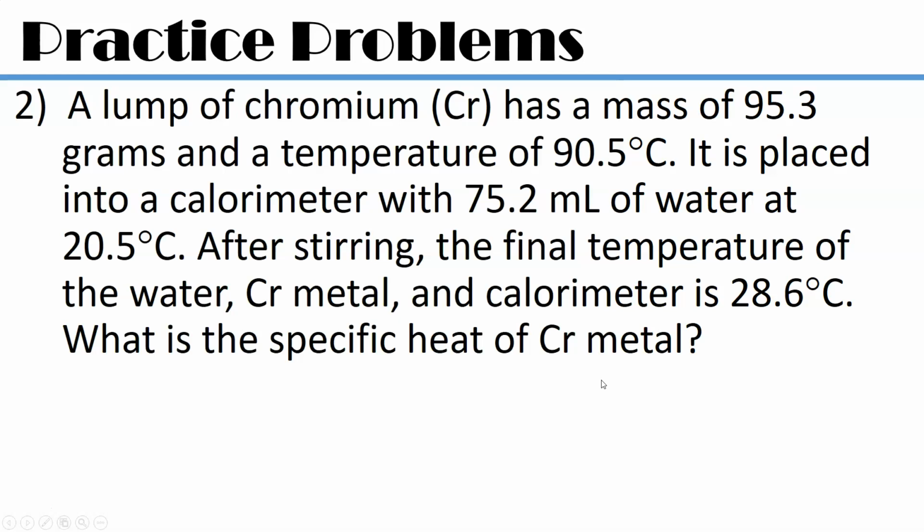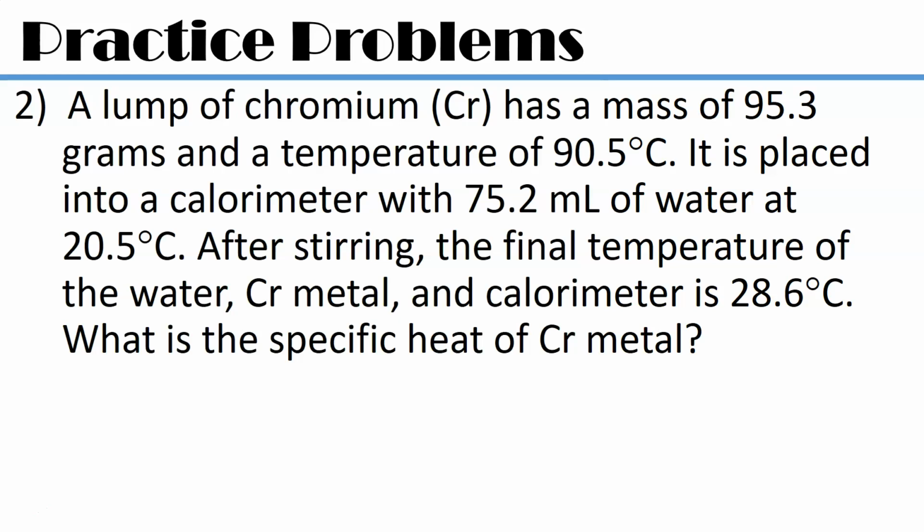A lump of chromium has a mass of 95.3 grams and a temperature of 90.5 Celsius. It's placed into a calorimeter with 75.2 milliliters of water at 20.5 degrees Celsius. After stirring, the final temperature of the water, the chromium metal, and the calorimeter is 28.6 degrees.